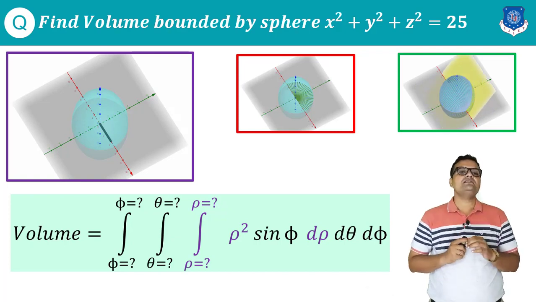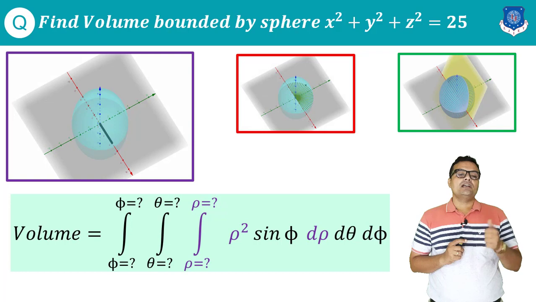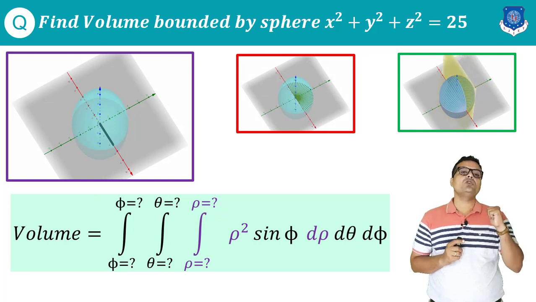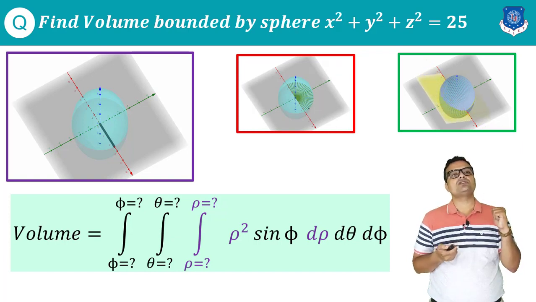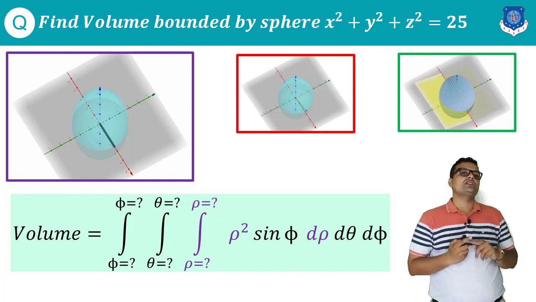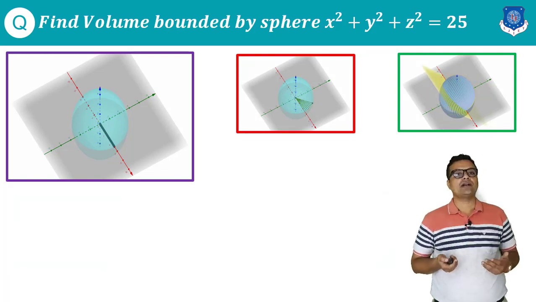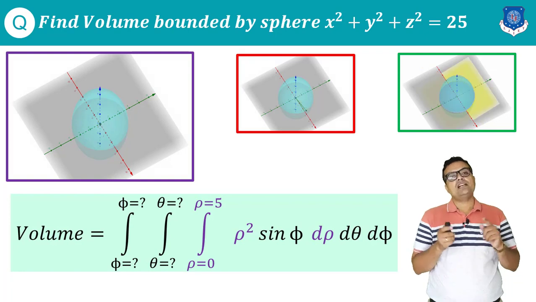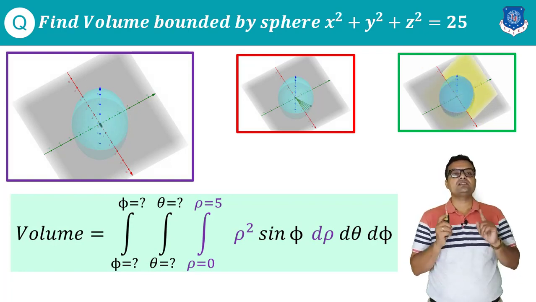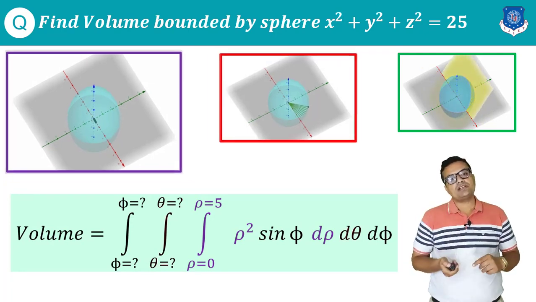So now it will be easy for us to consider the value of rho. If I consider the origin, rho is nothing but the distance from the origin to the point. So if the point itself is the origin, rho is 0. And at the outermost position, as we are lying on a sphere with radius 5, rho will be equal to 5. So values of rho are 0 to 5. This is the limit of the innermost integration.